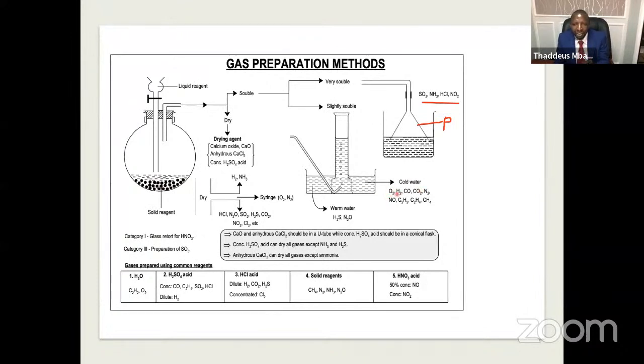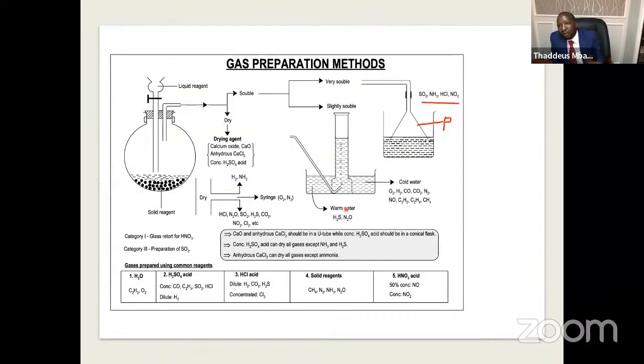We have oxygen, hydrogen. Then we have warm water. Warm water is only used to collect either hydrogen sulfide or nitrogen(I) oxide. And remember, somebody will prepare a gas like nitrogen oxide and then collect it over cold water.